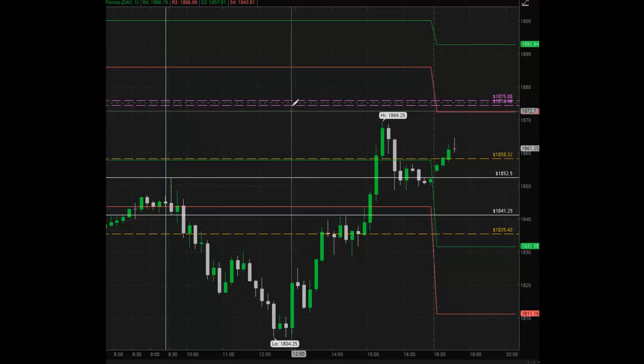And then, of course, the pivot range, and the pivot range always tells me where did we close in relationship to that pivot range, and that gives me the bias for the next day. So those are the main things that I use for determining the big picture. Okay, just trying to get a big picture of how the day is likely to play out.